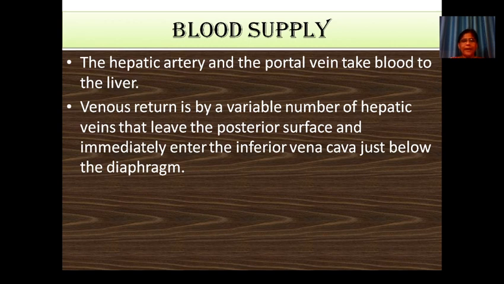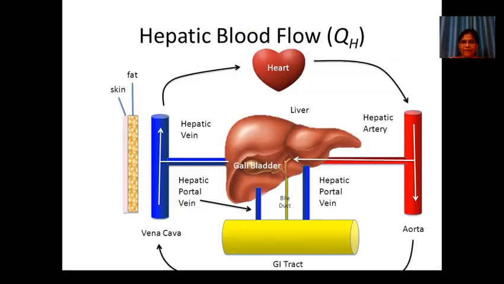Okay, clear? Hepatic artery and hepatic vein. The hepatic artery serves pure blood, whereas venous return drains impure blood through the hepatic vein, and this hepatic vein pours its blood into the inferior vena cava.